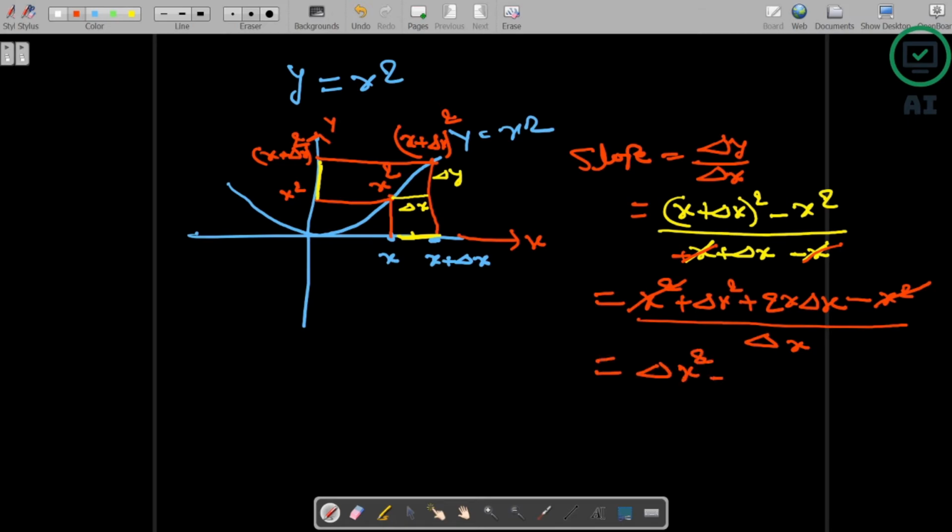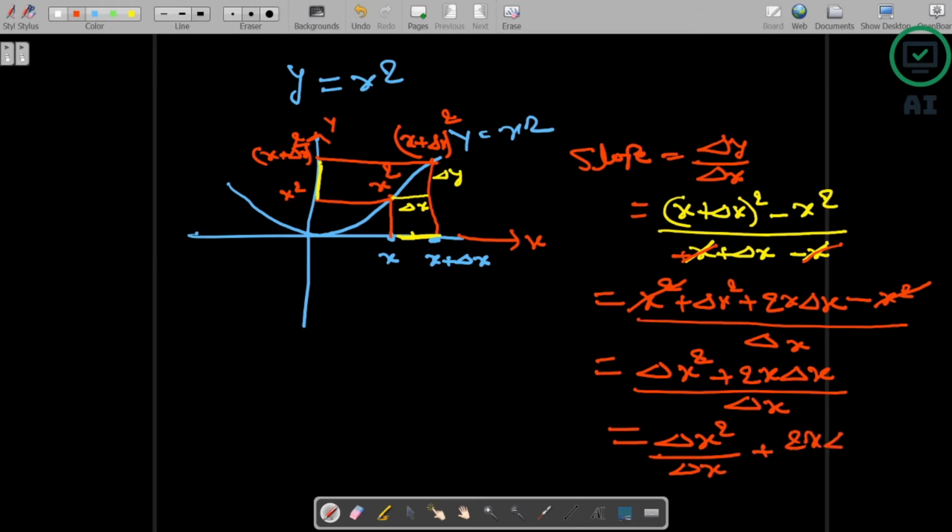Delta x square plus 2x delta x divided by delta x. If you solve further, this is delta x square plus 2x delta x, divide both sides. Here 1 delta x would be cancelled, so here we will get 1 delta x, and this cancels.